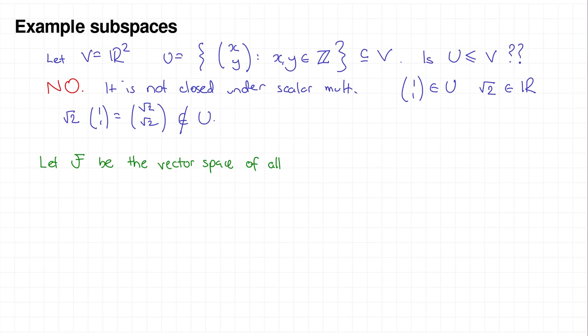You'll remember that we saw this example a couple of lectures ago. We're going to let curly U be the subset of F consisting of all functions which are 0 at 1. So little f in curly F with the property that f of 1 equals 0.